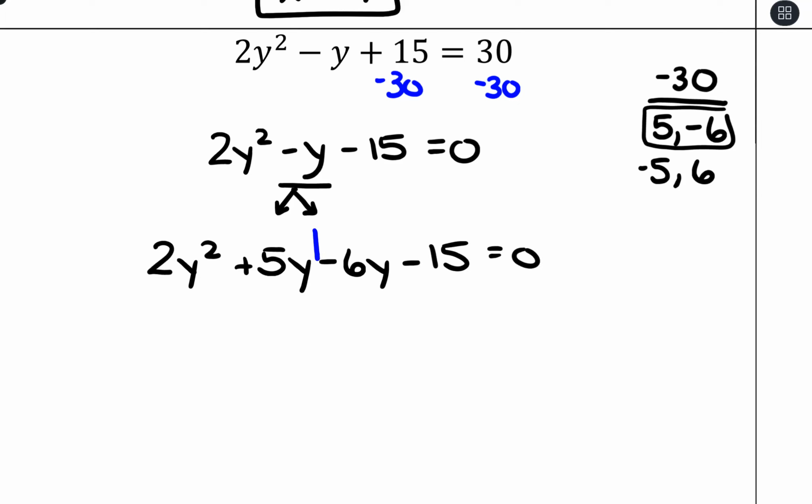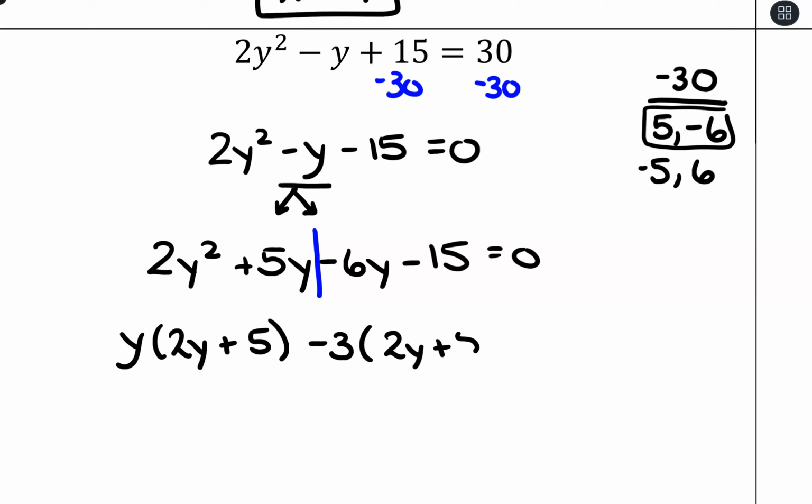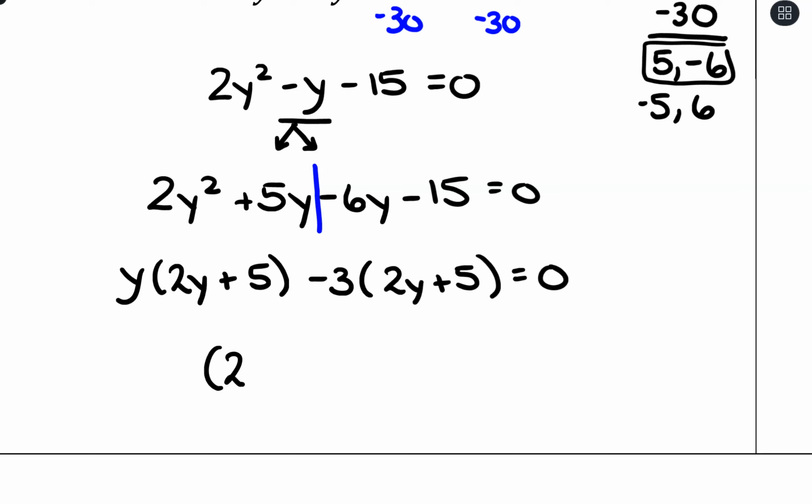And then we go for a grouping method. So we have a common factor of y, which will leave us with 2y plus 5. Common factor of negative 3, so a positive 2y plus 5. So we have our common factor of 2y plus 5 and the leftovers of y minus 3.